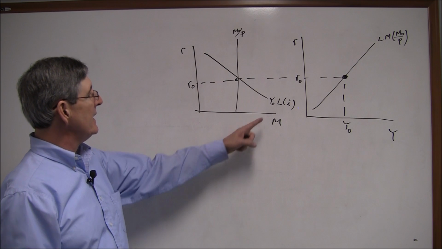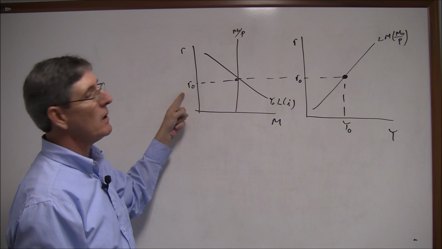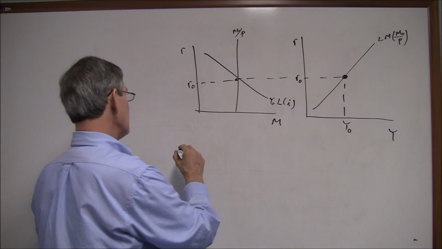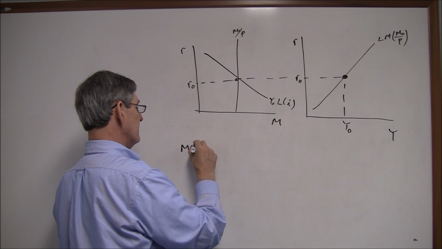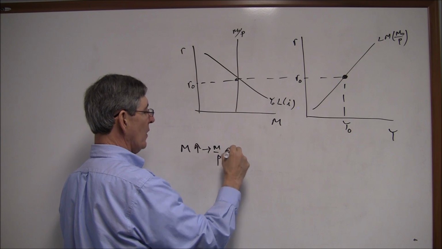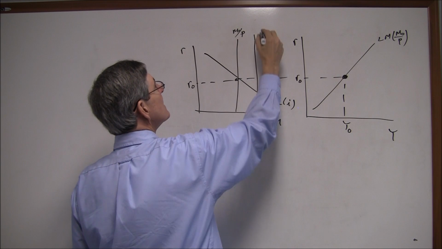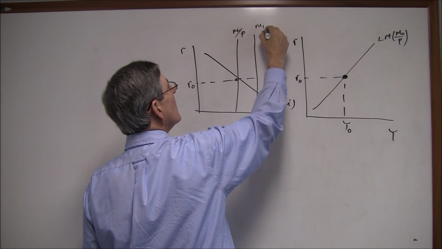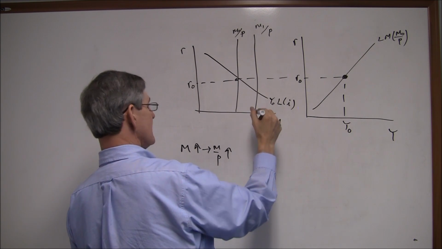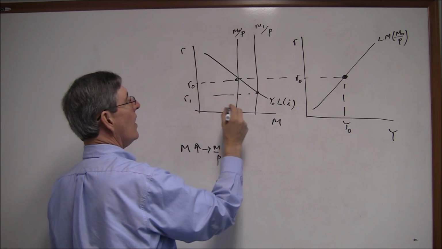Now we're going to hold income constant at Y0, change M, and see what happens to R. Alrighty? So let's let M go up. That's going to cause M over P to go up if we hold P constant. So that's going to shift this out to M1 over P. So that's going to cause the interest rate to fall.